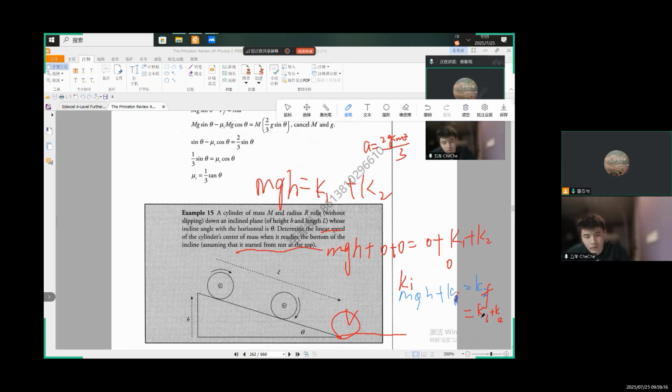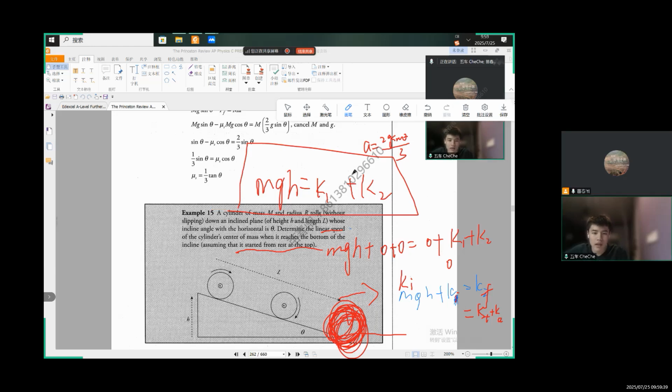In the end, one is moving in that direction, and also one is rotating about the center, right? So two kinds. That's why I'm writing this one. I'm just skipping all the terms that are 0.